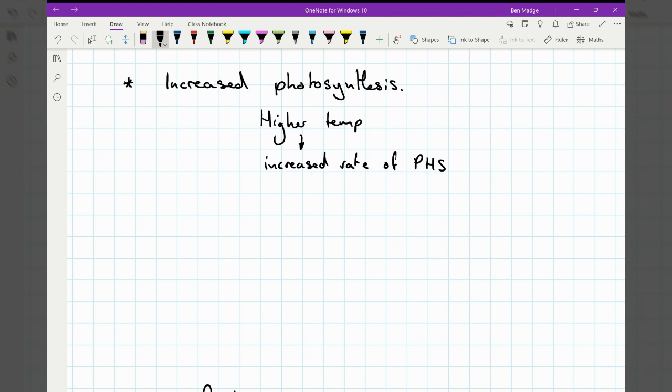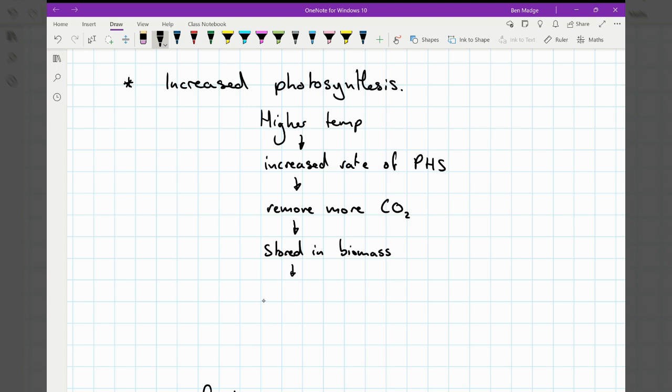And this will therefore remove more CO2, carbon dioxide, from the atmosphere through photosynthesis, which is stored in biomass, things like the woody structures of the tree and things like this.